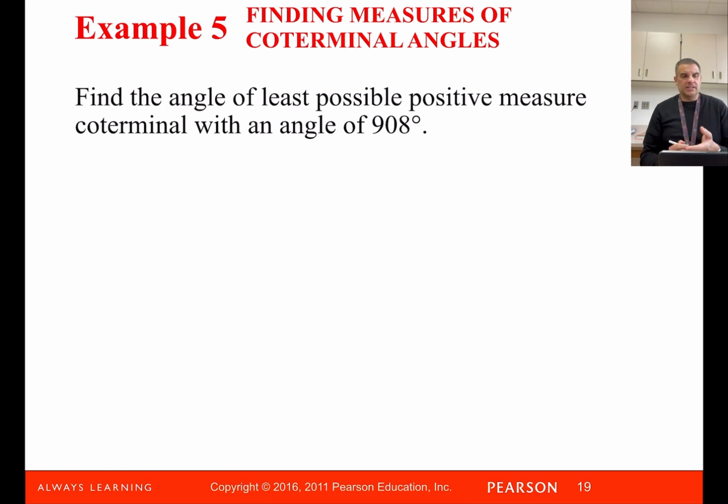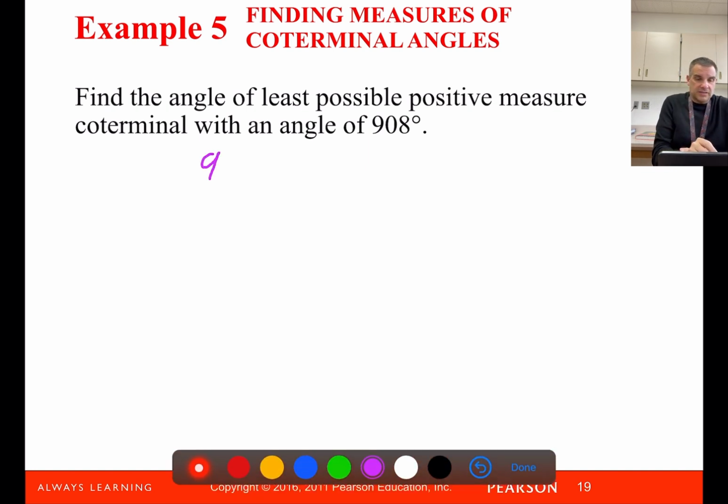So in this example, it says find an angle of least possible positive measure. When it's talking about least positive measure, it means the angle needs to be between 0 and 360 degrees. If we start with 908, obviously we've got to go down.